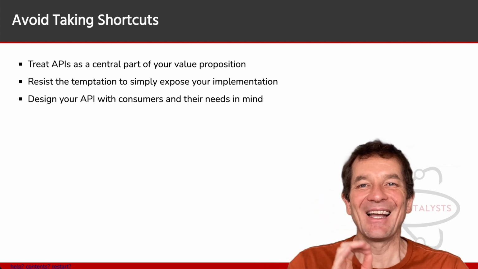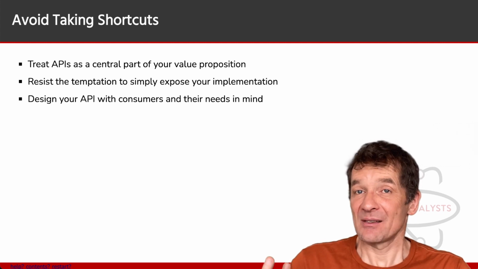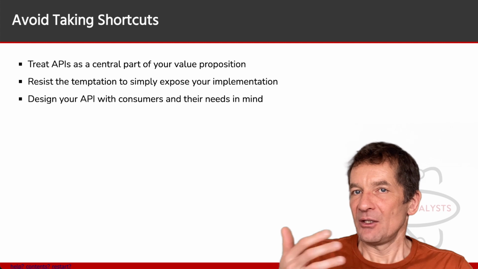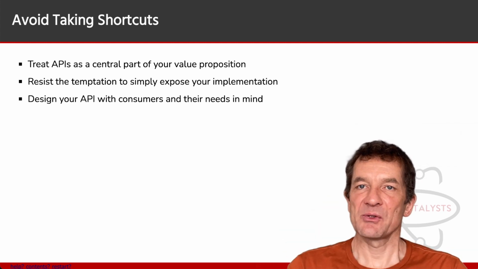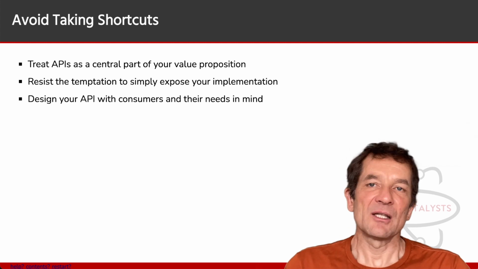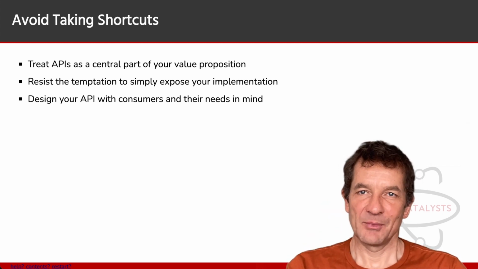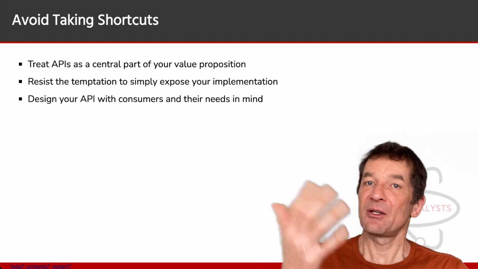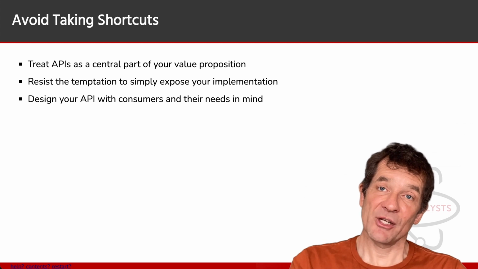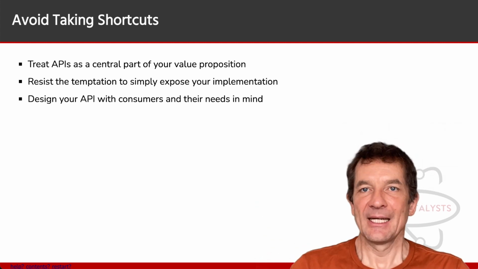GraphQL, I think, has a little bit of the potential to make you skip this step, because you might have some JSON model and then you might be tempted to directly expose it. Try to not do that, or at least think hard before you are doing it, because once you do that, you're married to this model because it's in your API, and now when you want to change your implementation, suddenly your API changes, and that's not good.